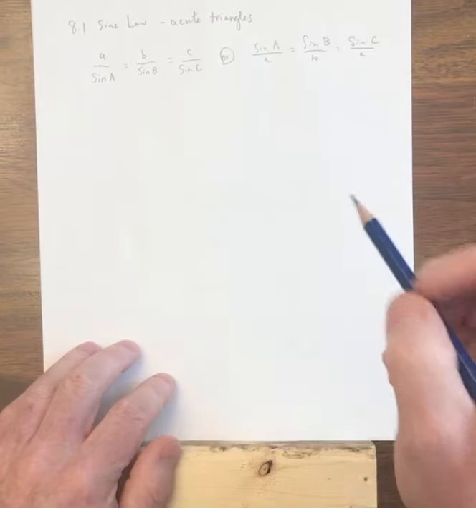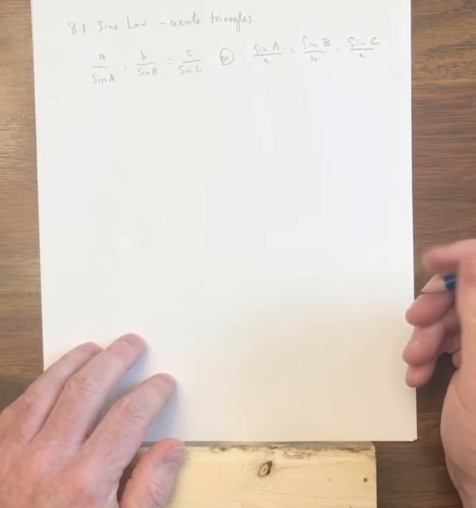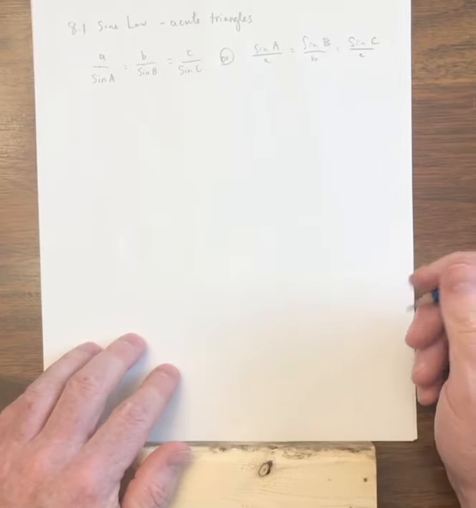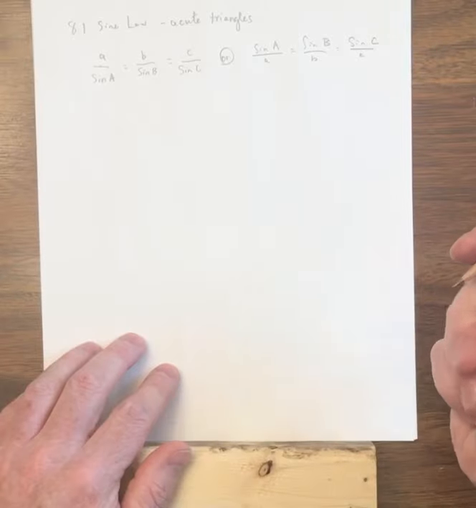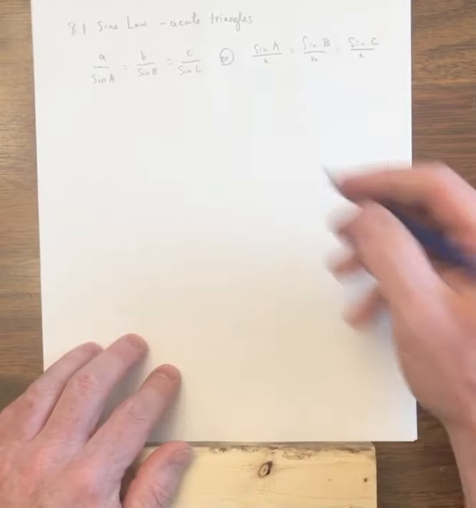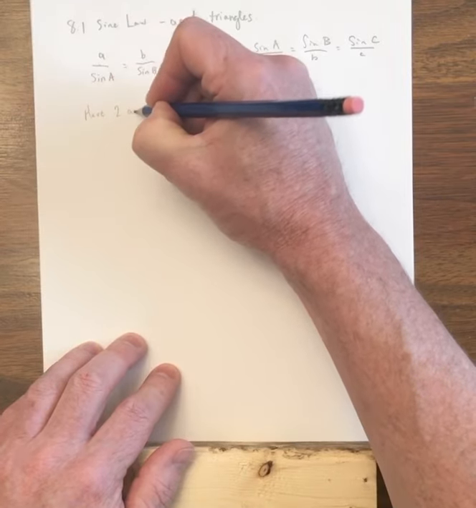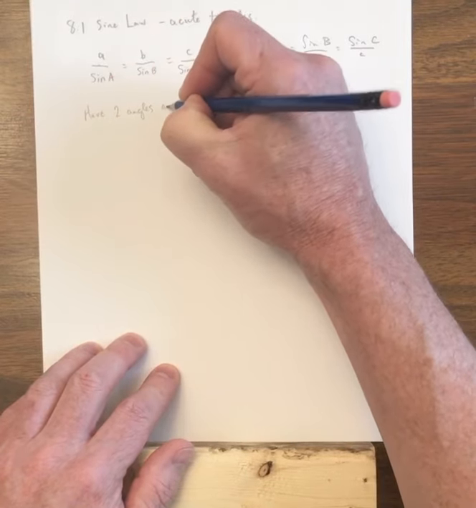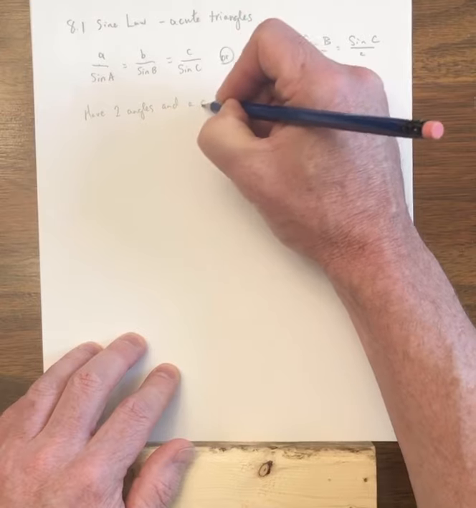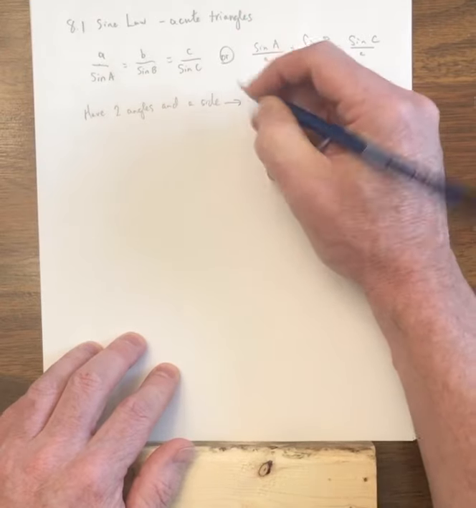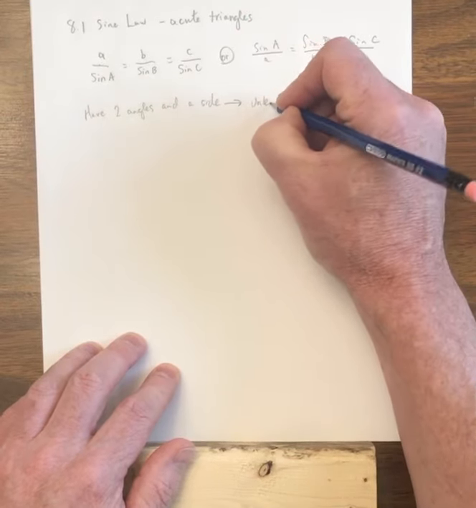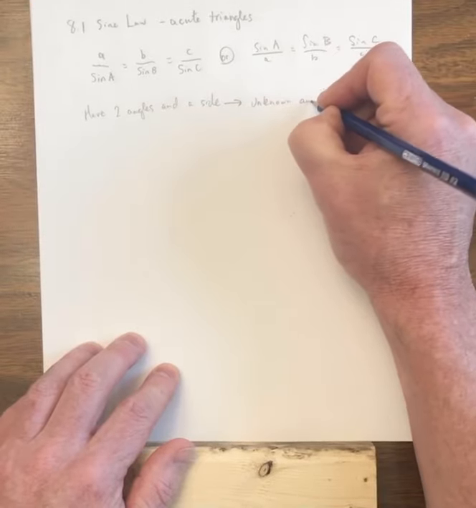Basically, we use this when we have 3 pieces of information and we're trying to find the fourth. So if we have 2 angles and a side, we can solve for an unknown angle.